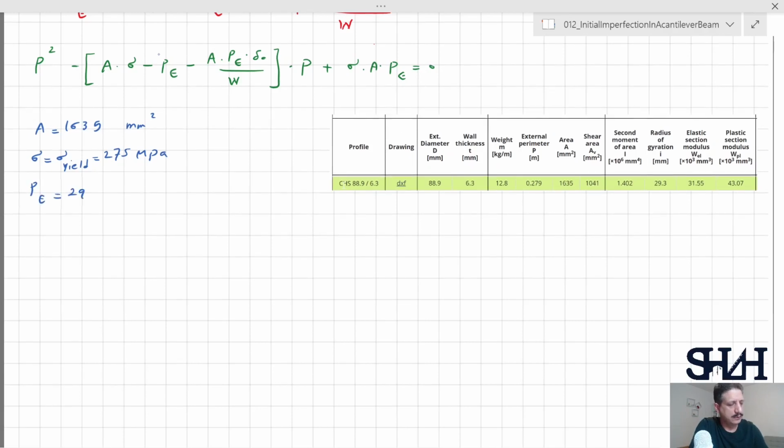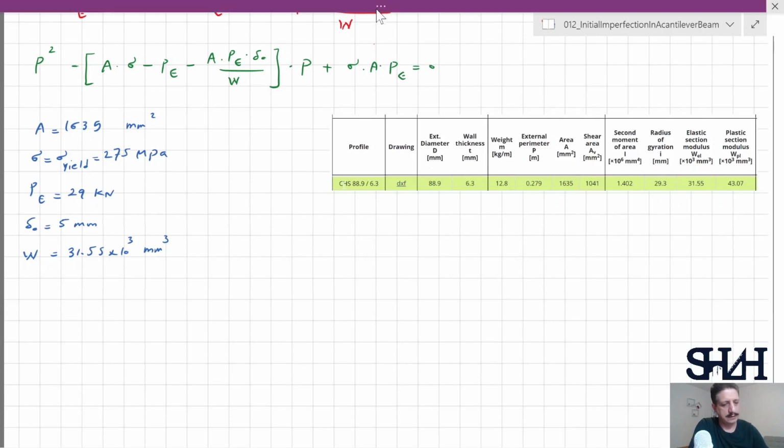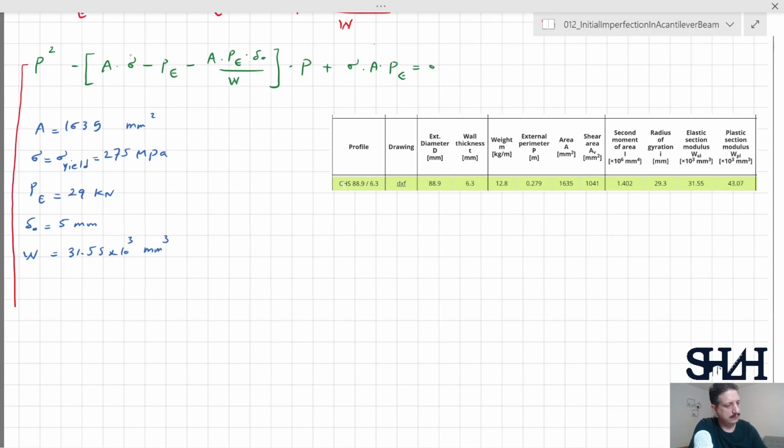Euler load is 29 kilonewton, delta 0 is 5 millimeter, and W is 31.55 times 10 power 3 cubic millimeter. Now I have everything, and I can substitute all into the equation. P squared minus 1635 times 275.